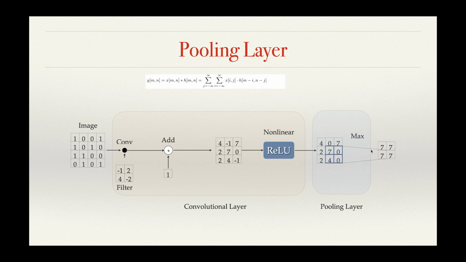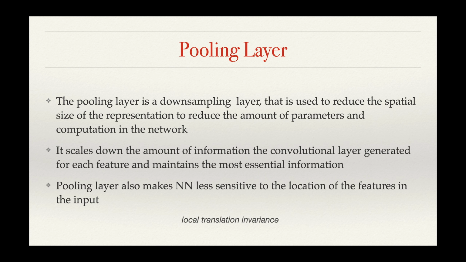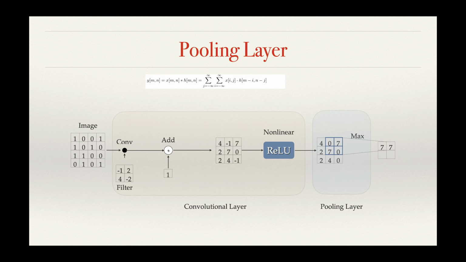By downsampling, we highlight that this feature is detected because it is here or here, or if 7 was here, it would be the same, or here it would be the same. This is the idea of local translation invariance, okay?